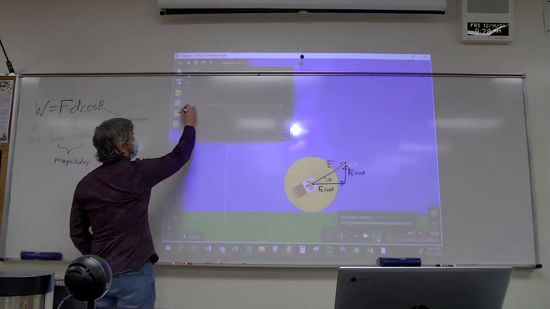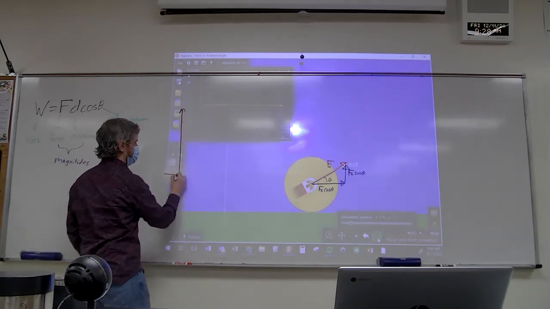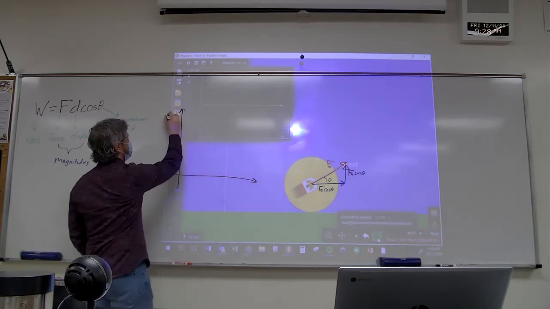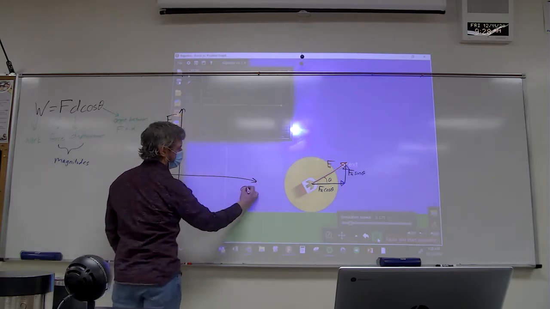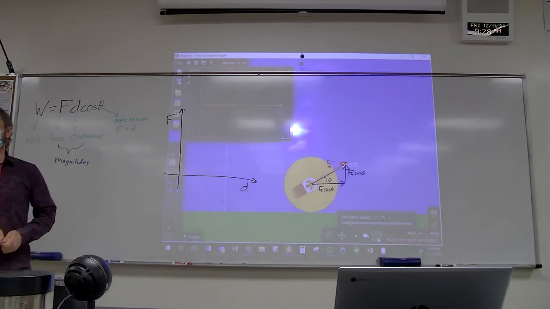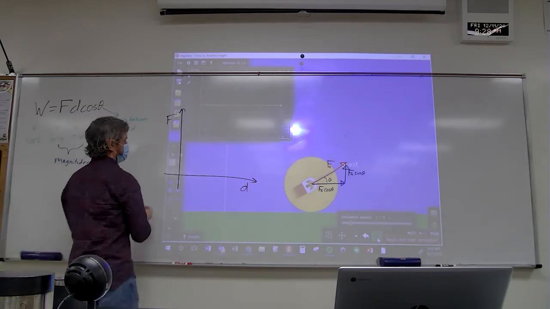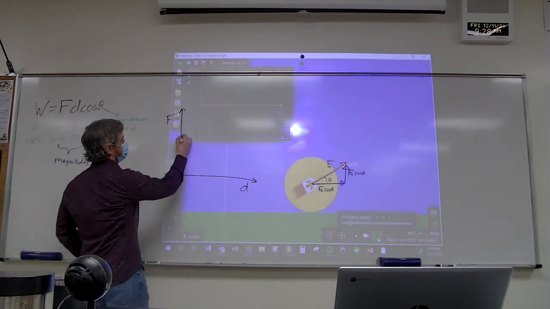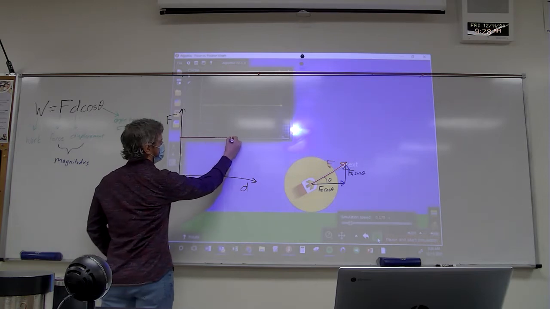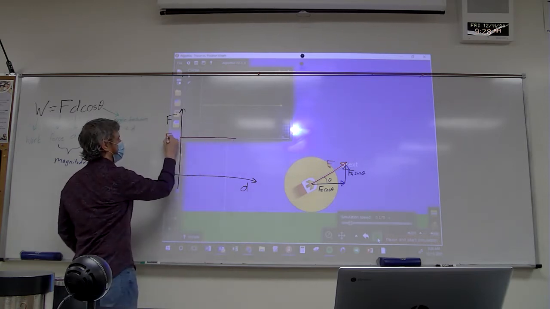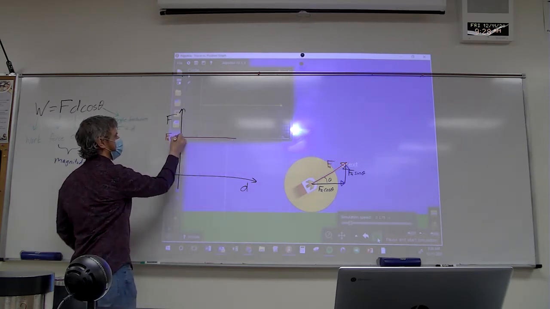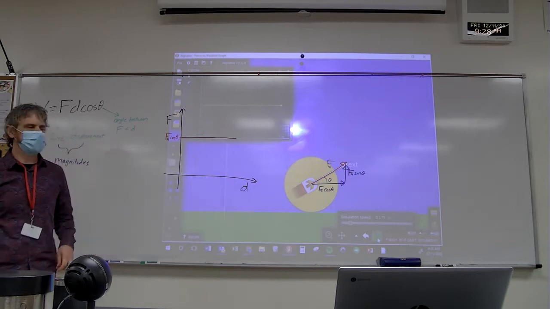I'm going to take my force versus displacement graph. And we got a horizontal line, right? Got a horizontal line where this is the applied force times the cosine of the angle, and that does not change. It does not change.